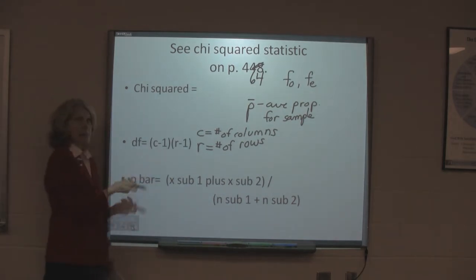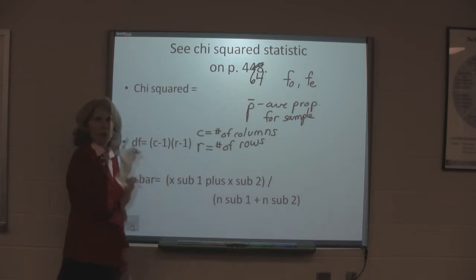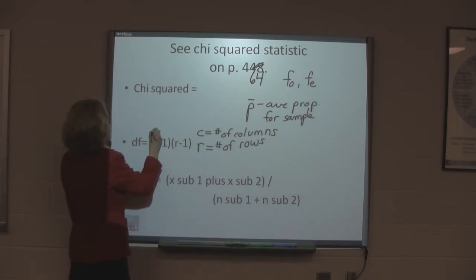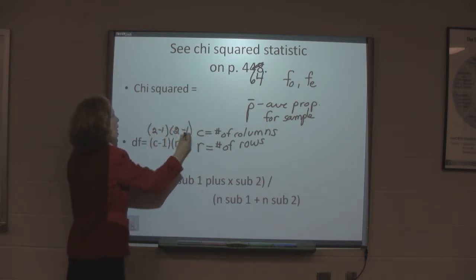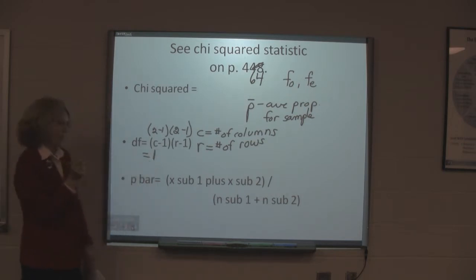So in our case, this is simple. 2 columns, female and male, 2 rows, left-handed, right-handed. So 2 minus 1 times 2 minus 1, 1 times 1 equals 1 degree of freedom. That's very easy for us.